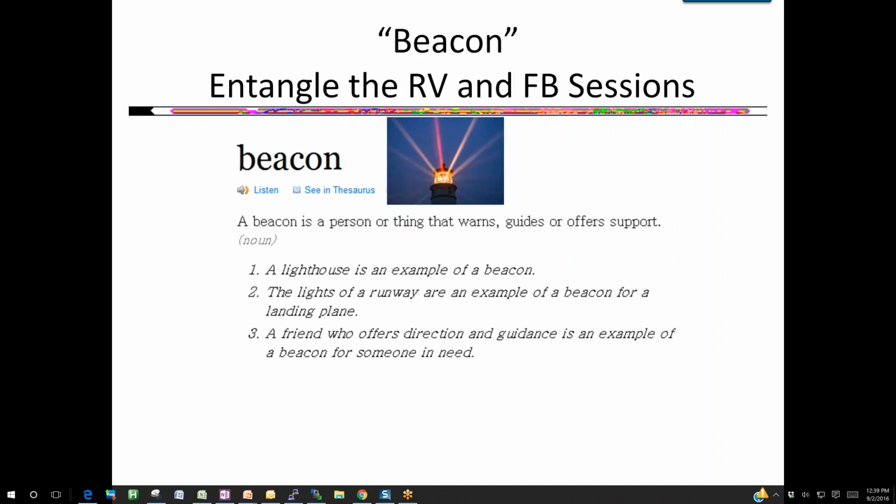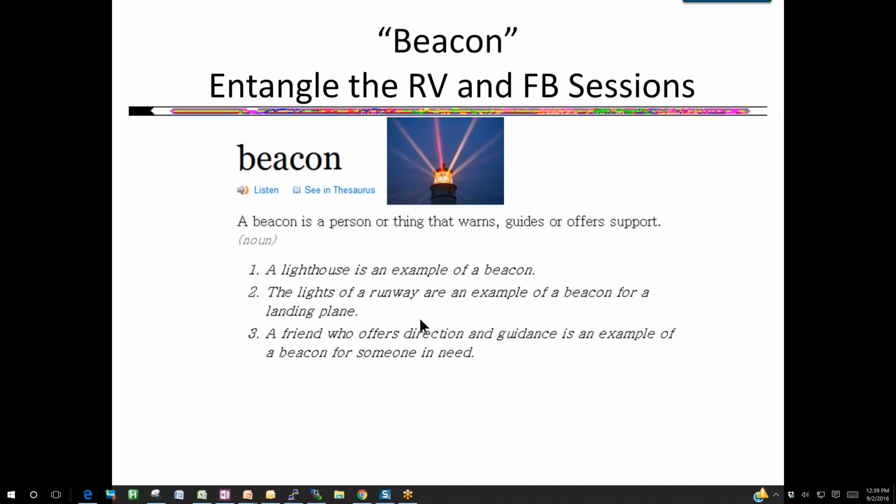So let's first talk about this in the context of a beacon, because that's what we're going to be using, this concept of a beacon. So a beacon definition: person or thing that warns, guides, or offers support. So a lighthouse, right? It gives you support, you avoid the rocks, it helps you get close to the place that you're looking for.